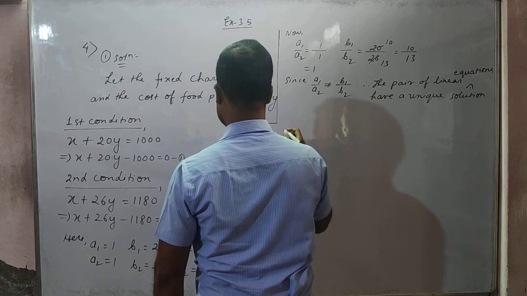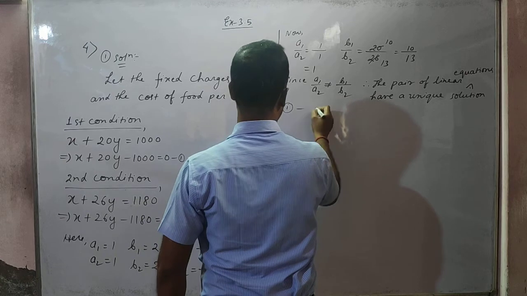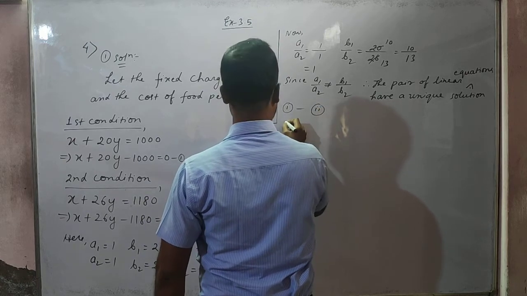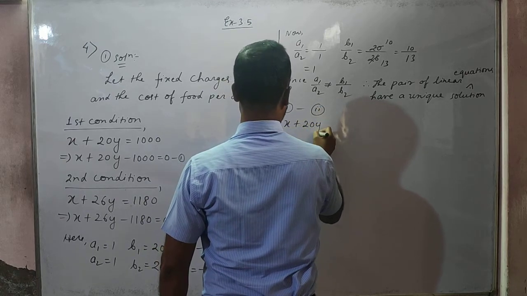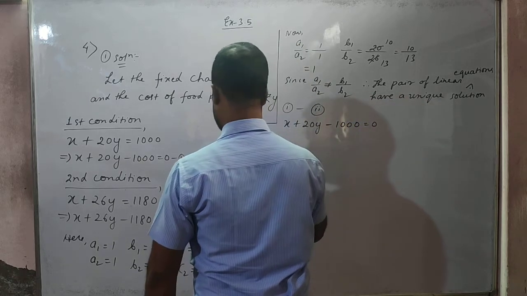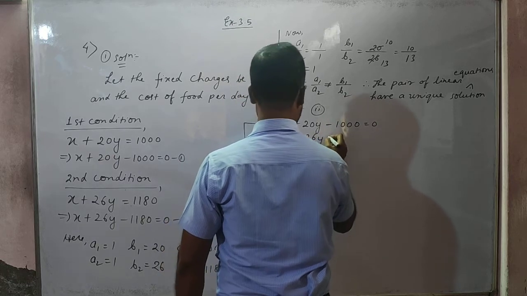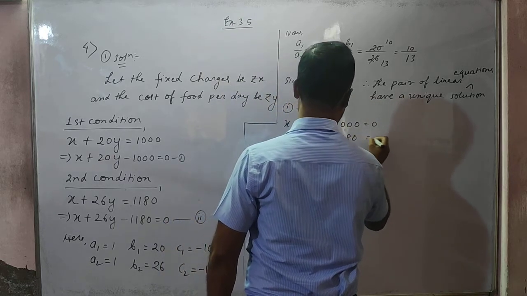So unique solution they have. So now directly we can solve by any method. Okay, it is given in the question. So directly I will do 1 minus 2. So x plus 20y minus 1000 is equal to 0 and x plus 26y minus 1180 equal to 0.